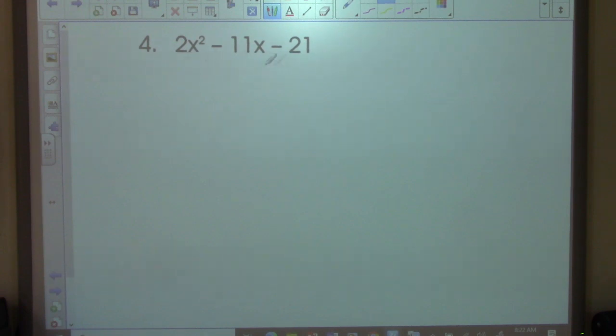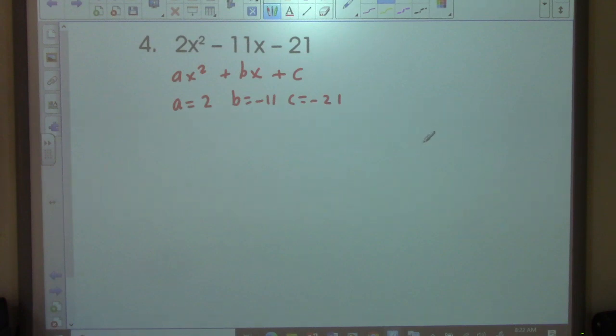This quadratic trinomial is written in standard form, ax squared plus bx plus c. Have you ever seen that before? So in this case, a is equal to 2, b is equal to negative 11, and c is equal to negative 21. Those are the things we use.